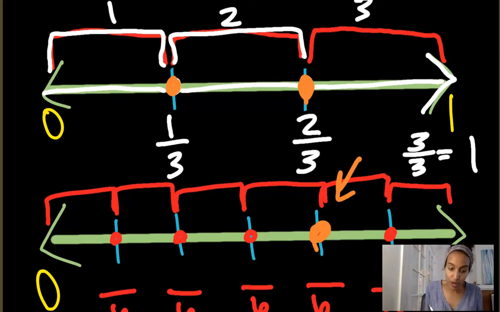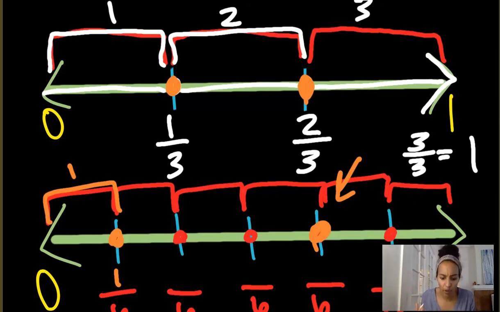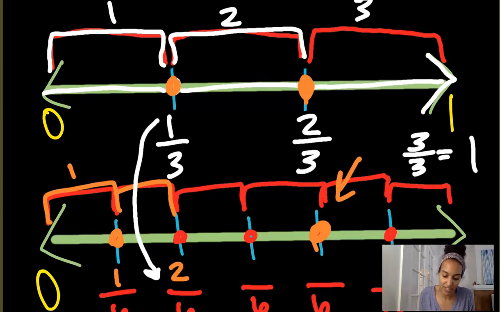Well, I know this point right here represents the first part, so it's going to be 1/6. I can keep that going. This is the second part, so this is going to be 2/6. And then I see that these 2 points on the number lines matched up.